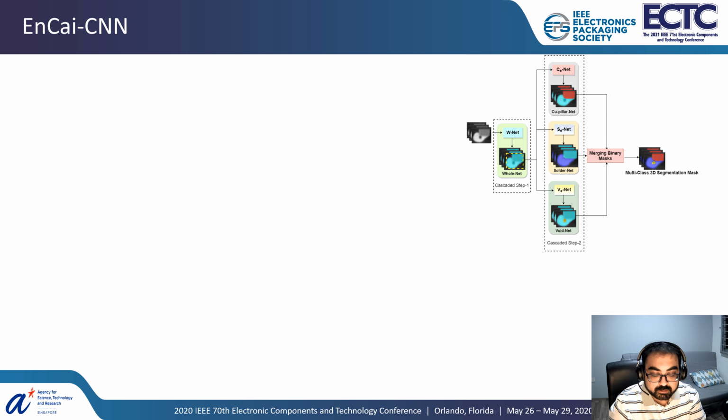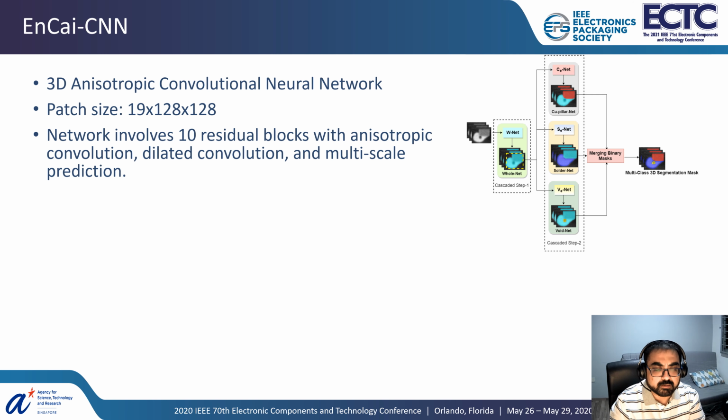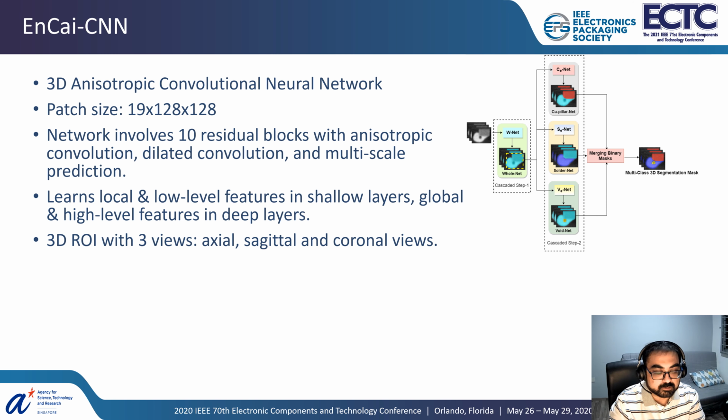And the third network we tried is an anisotropic convolutional neural network. The patch size we use is 19 by 128 by 128. Essentially, the network involves 10 residual blocks with anisotropic convolution, dilated convolution, and multi-scale prediction. You can look at our paper for more details, which I'm skipping here in view of time constraints.